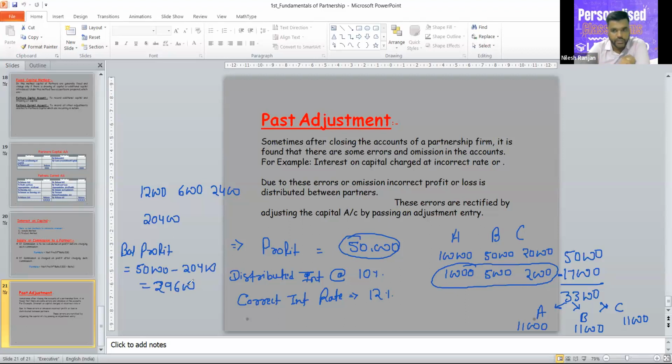So if we are taking this amount as interest, then we have to distribute this profit between partners.